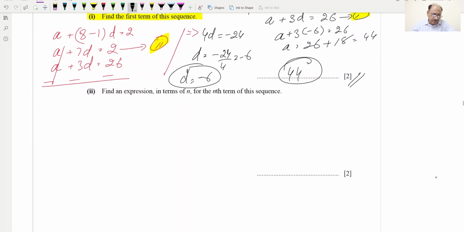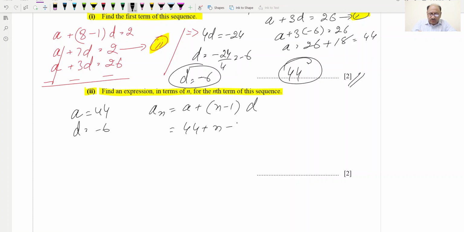Hopefully you understood. Now the second part, they're saying find an expression in terms of n for the nth term of the sequence. So now we have A value which we calculated as 44, and D value which we calculated as minus 6, and we can write an is equal to A plus (n minus 1) into D. So A value is 44, n we will take as it is, and D is minus 6.